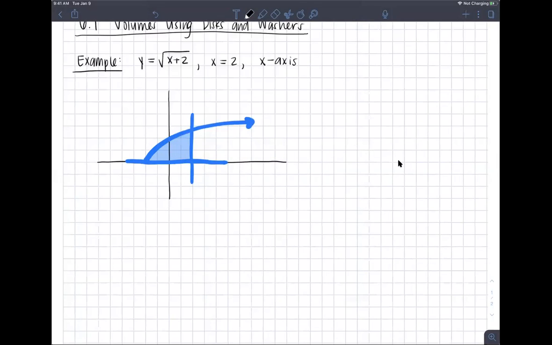Part A of this example is find the volume when the region is revolved about the x-axis.